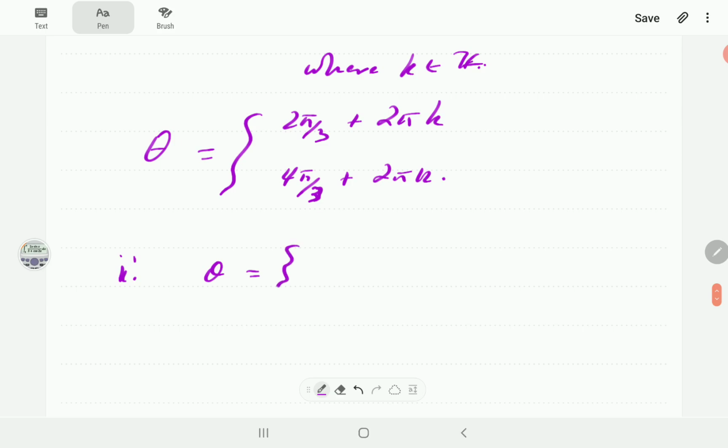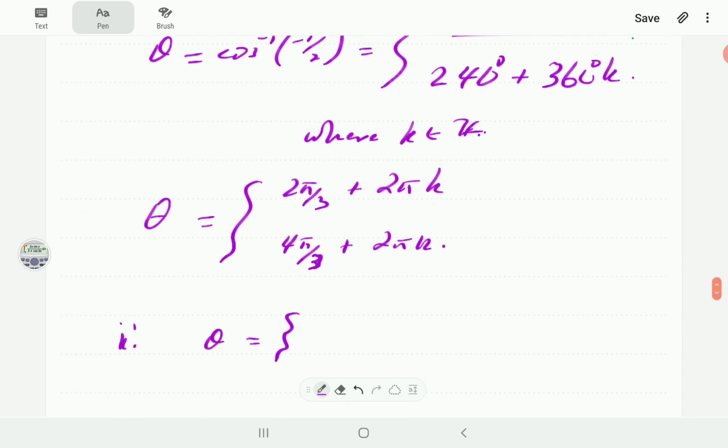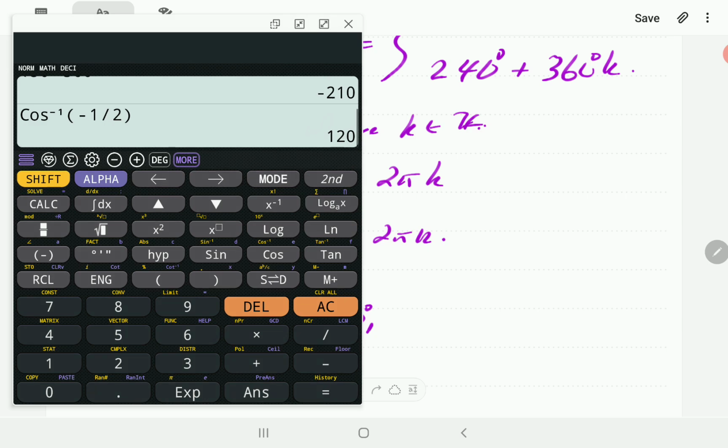Okay, so then in part 2, we need angles between -180 and 180. So if we start with this one, 120 is between -180 and 180, so that is okay. Then if we do 120 plus 360, we find 480, which is outside.